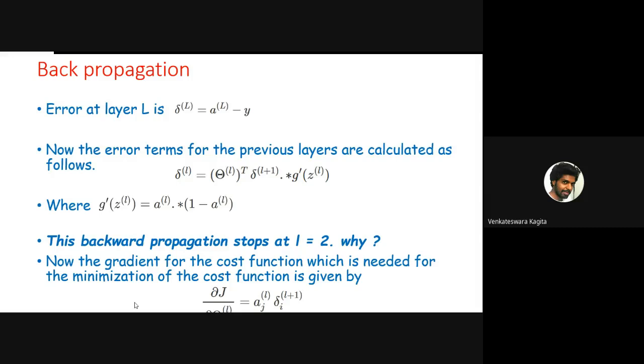Isn't it? You are not calculating the gradient from scratch every time. I want you to observe that every time you are not computing the gradient with respect to a particular parameter. You are doing some general procedure, and using that procedure you are directly arriving at this derivative of J with respect to a particular parameter. Okay, with the example that will be very clear, but I want you to hold with me for 1-2 minutes.